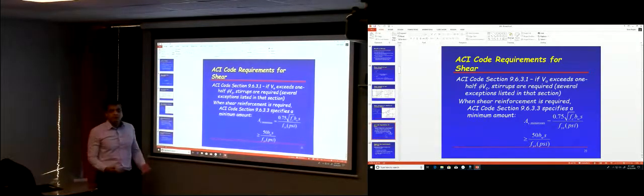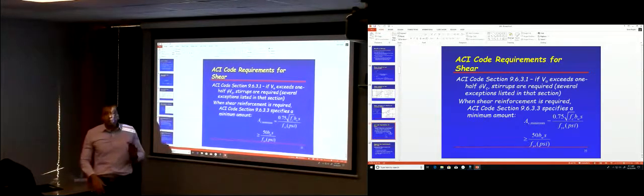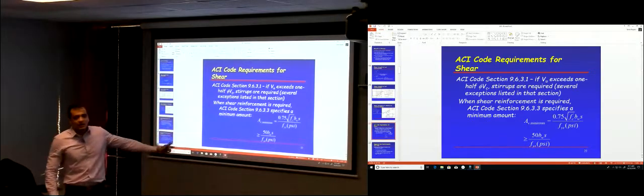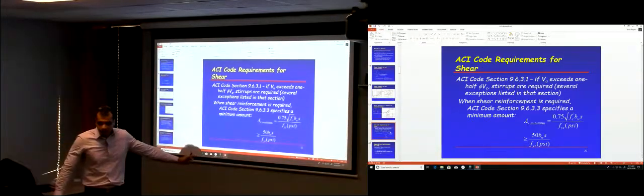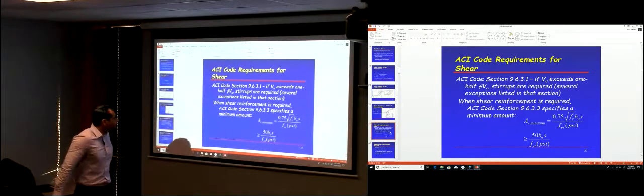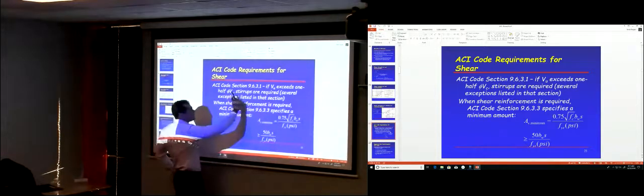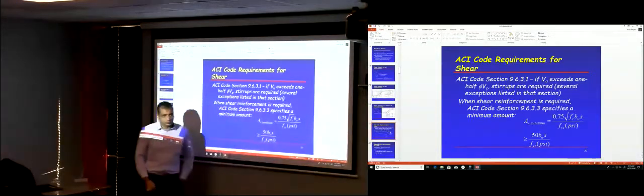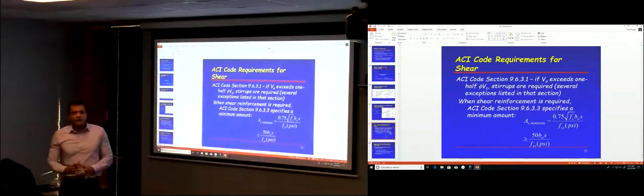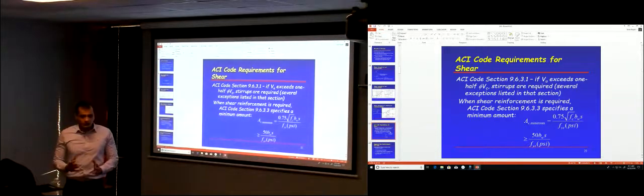So you don't need shear reinforcement, but you're going to provide some stirrups because the ACI code requires it. If V ultimate is in between phi Vc and phi Vc divided by 2, you have to provide some stirrups.